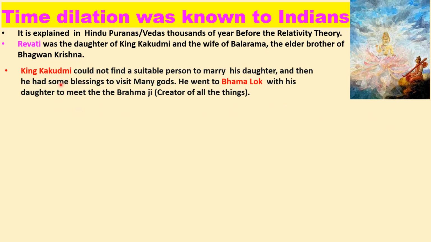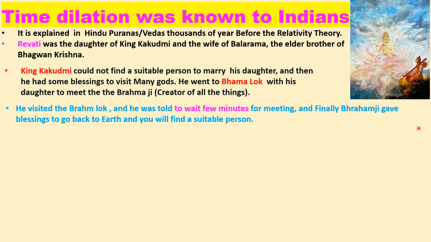And the story is that King Kakudmi could not find a suitable person to marry his daughter, and then he went to Brahmalok to solve this problem with Brahmaji, who was the creator of all things and creator of the universe. And he had a blessing to visit many gods and many places.